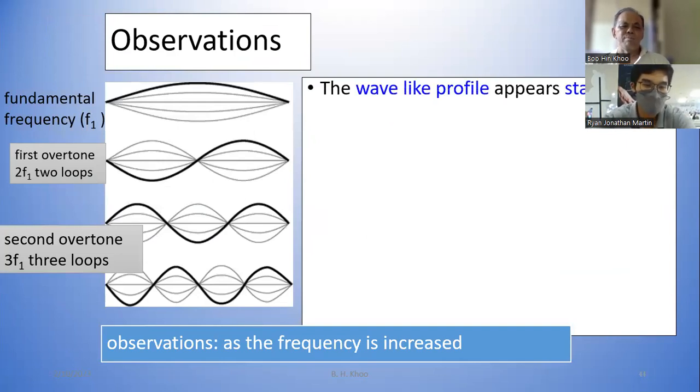Right? The one thing to remember is the wave profile appears stationary. It doesn't move. It's just like skipping rope, going up and down like that. For the first one, these two at the ends are the nodes. They just go up like that.